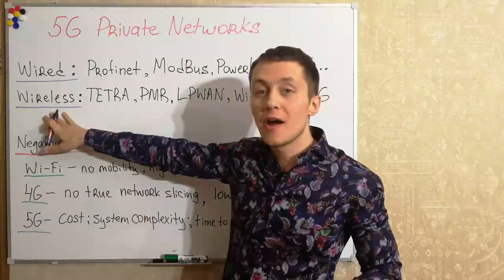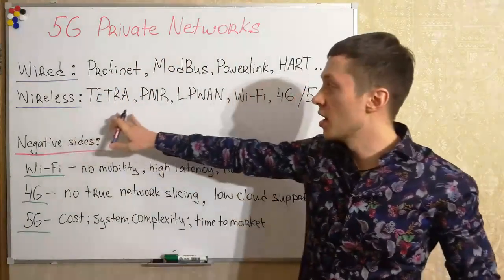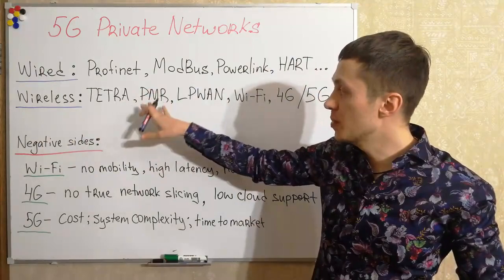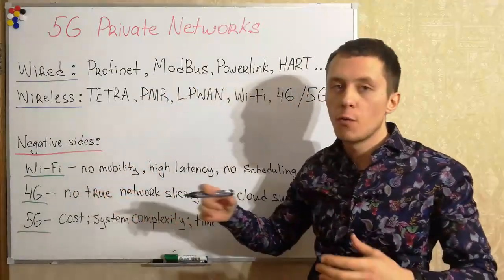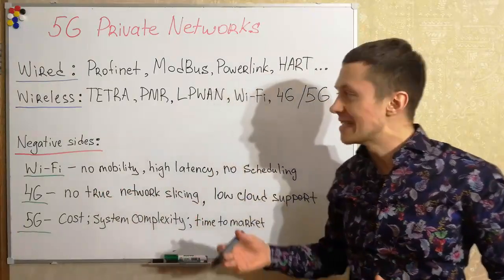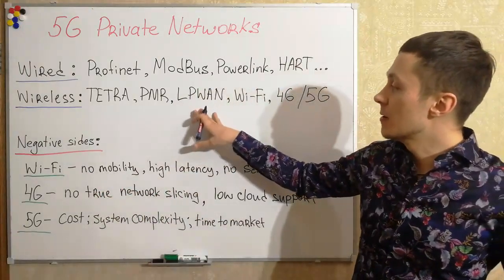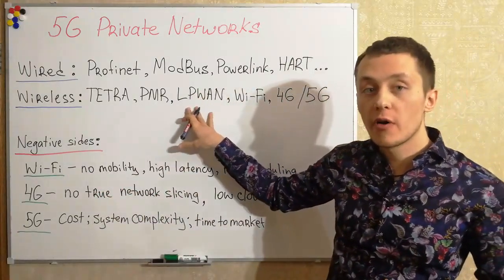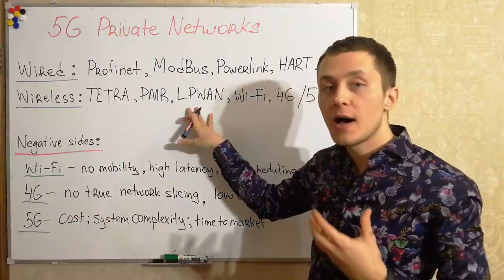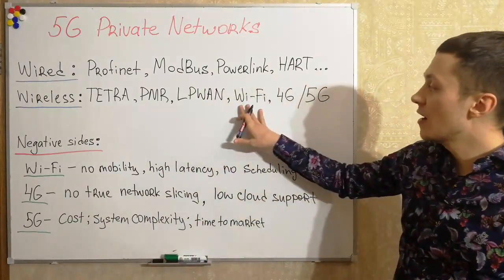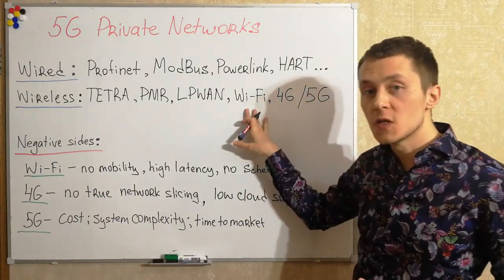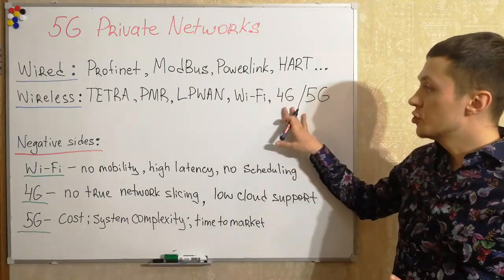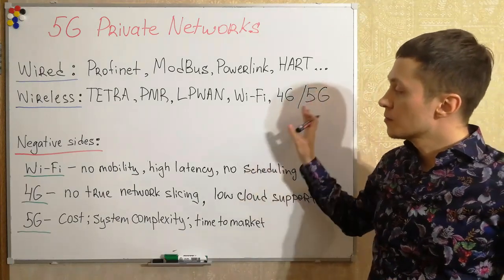They can also be based on wireless standards such as TETRA and PMR for voice services, for push-to-talk, for walkie-talkie services, LPWAN networks such as LoRa and narrowband IoT, Wi-Fi for broadband services, and 4G and 5G, of course.